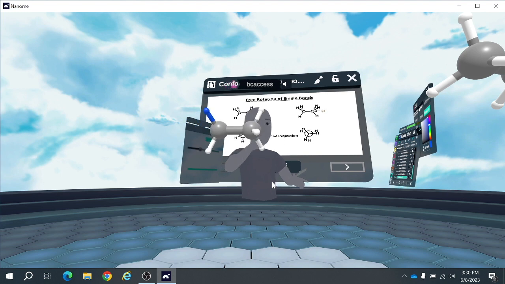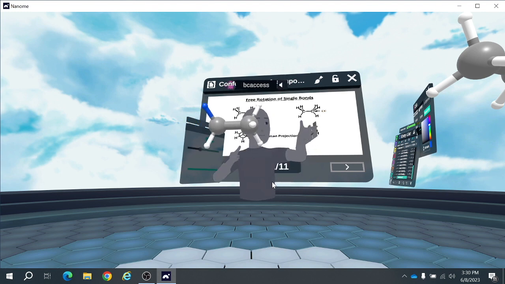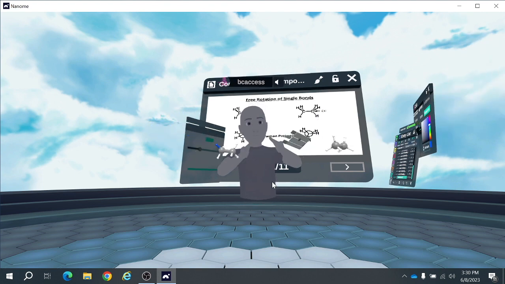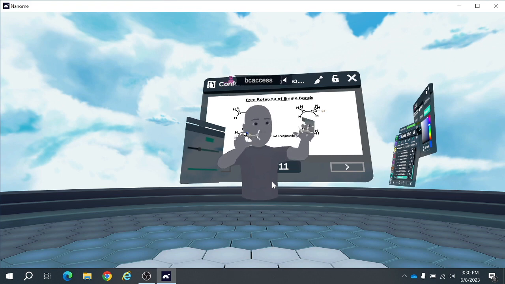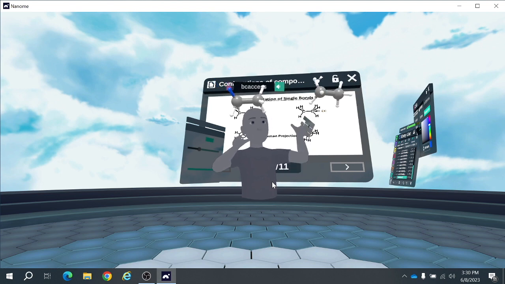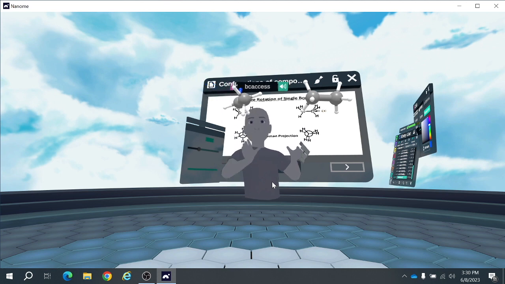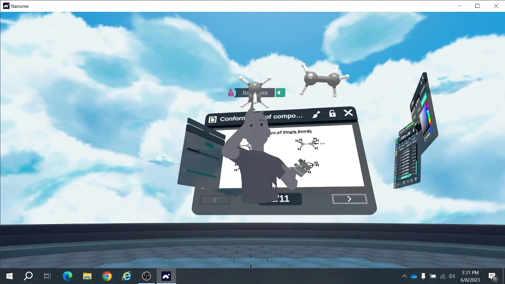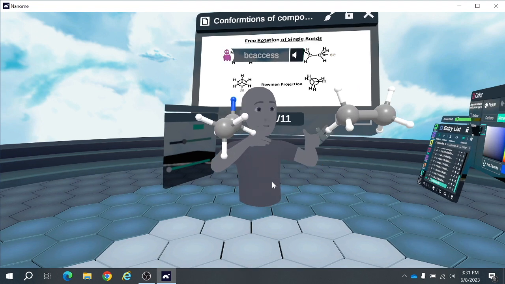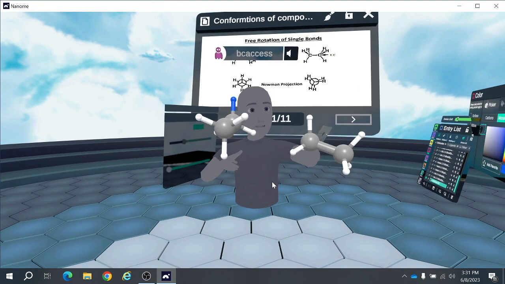All right. So now, let me, one second here. I'm still learning how to manipulate two molecules at once. So now, let's take a look at the two conformations of ethane. Here is the staggered conformation, where the blue hydrogen here and the white hydrogen over here are 180 degrees from each other. And let's look at the eclipse conformation.